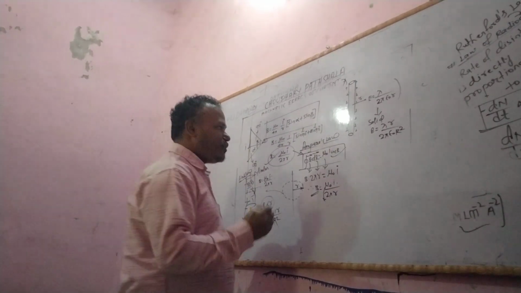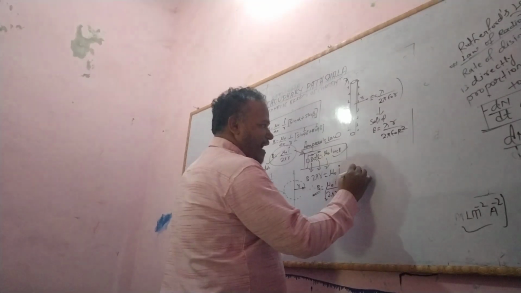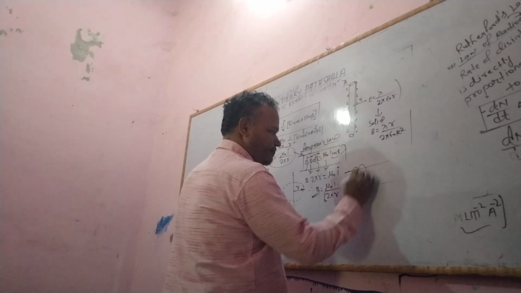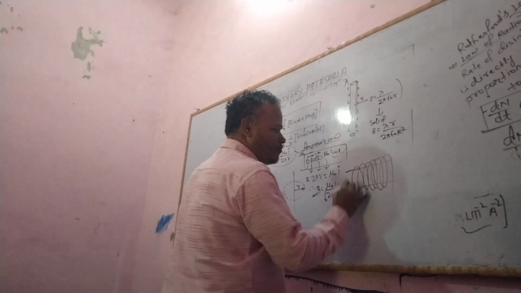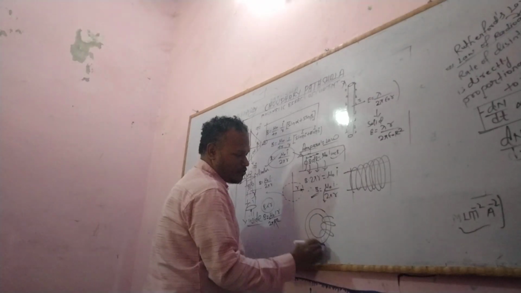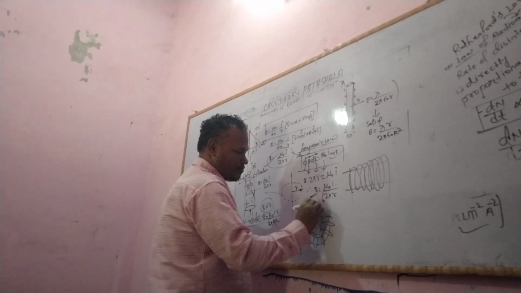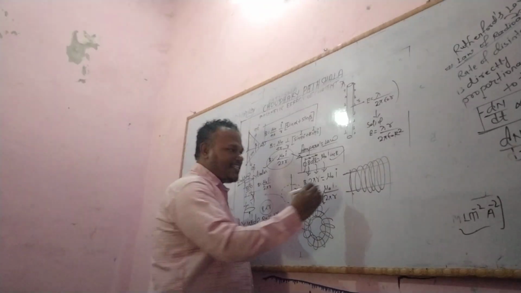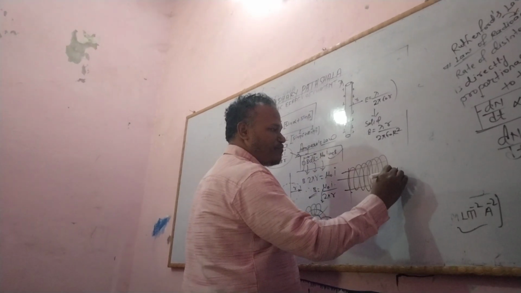And the magnetic field due to an infinitely long solenoid at the axis. This is your solenoid, and these things will be what? Toroid. Are you understanding? And the magnetic field at its axis is equal to what? B equals what?